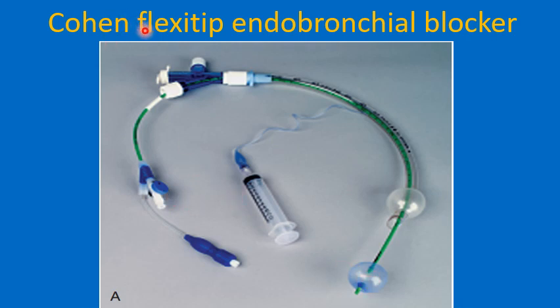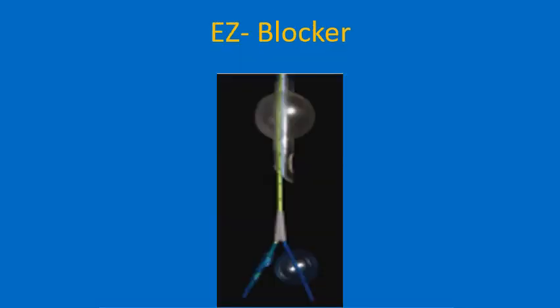That is why it is called a flexitip endobronchial blocker. Also through this attachment we can pass a fiberoptic bronchoscope, and under guidance of the fiberoptic bronchoscope we can position the endobronchial blocker appropriately.